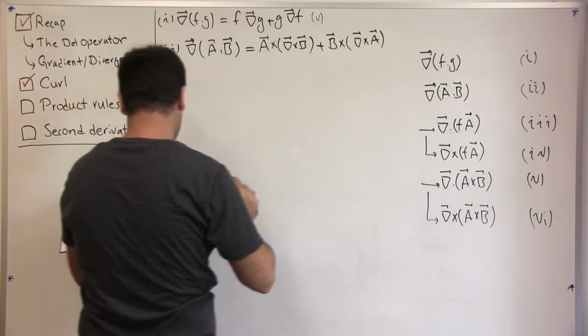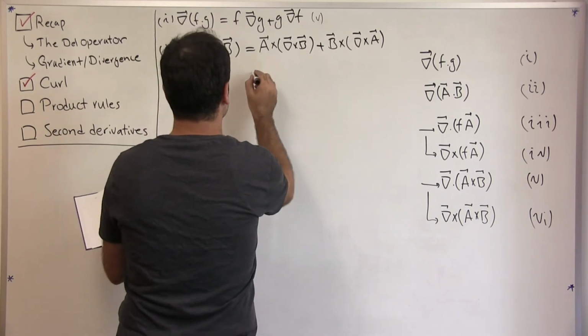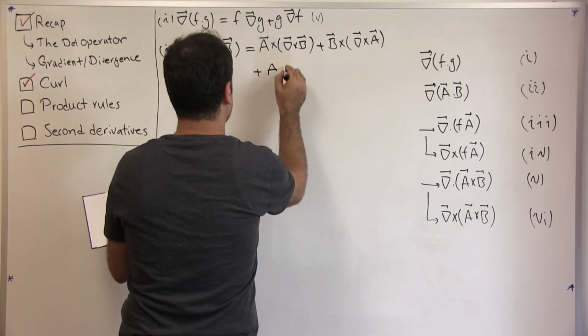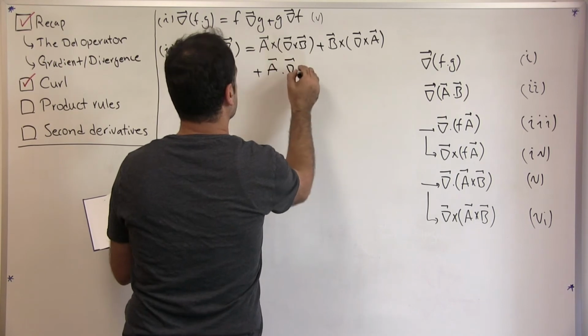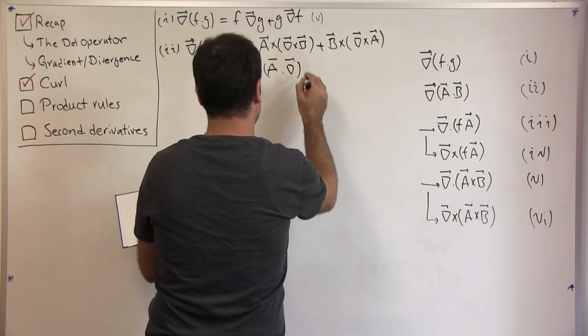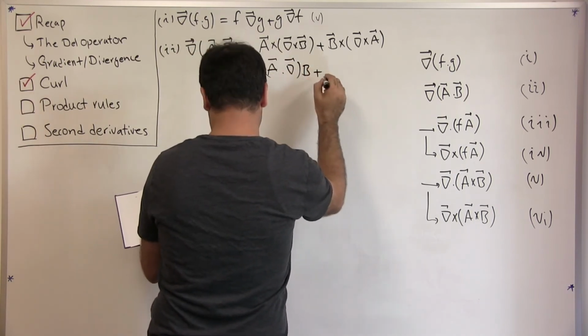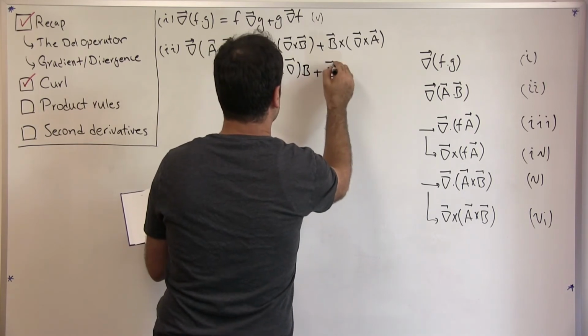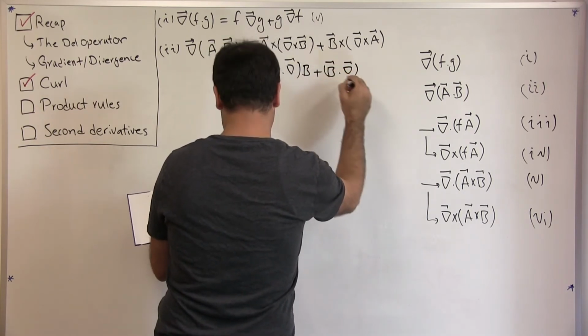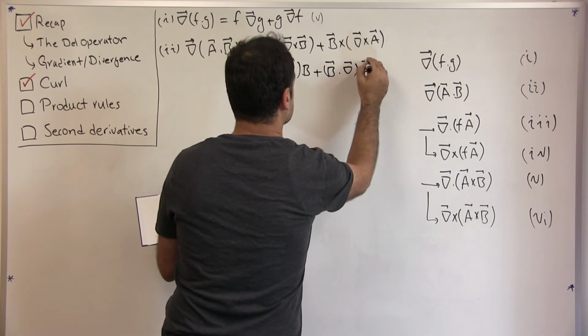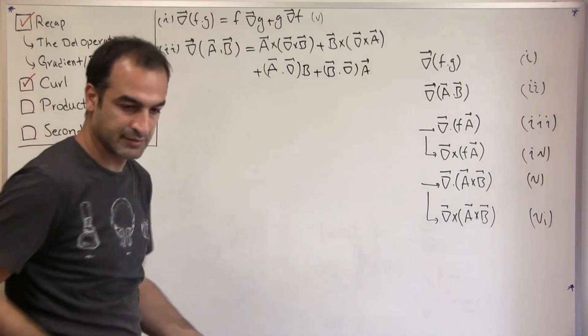And then we have plus A dot del times B plus B dot del times A. Okay.